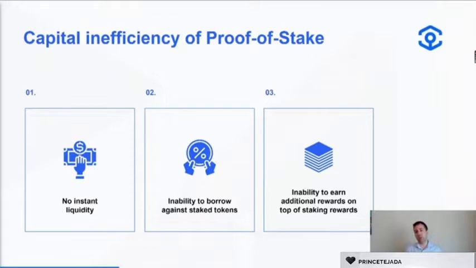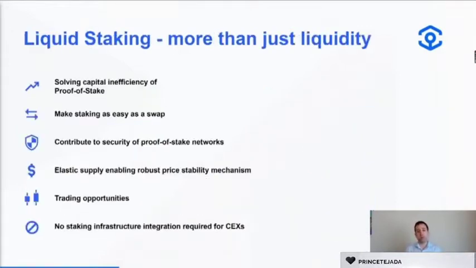Every time you try to earn some yield with your yield farming strategies, you have the ability to earn several layers of rewards, and with staking, you do not have that option. So we believe that in itself is also an inefficiency.